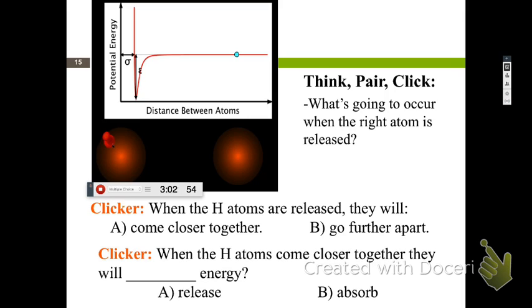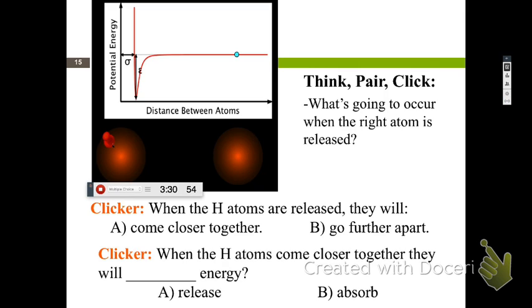The other easier way to think about it is they're more stable together, right? If they weren't, then they wouldn't be sticking together to each other. So increased stability means that they went through a process to get to the most stable point. You can think about like a ball rolling downhill. The ball is more stable at the bottom of a hill than the top. So when it gets to the bottom, it releases energy along the way.